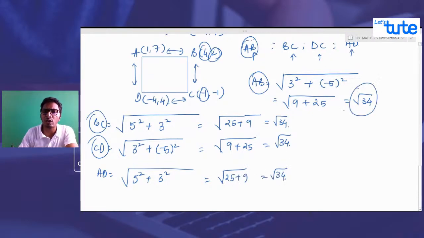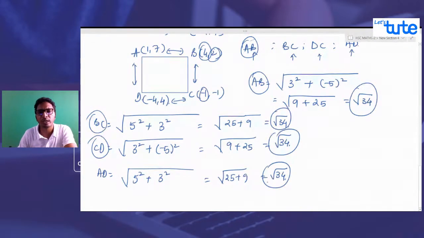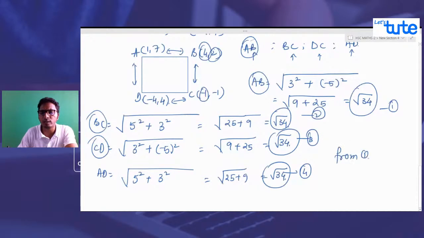So we can check that the lengths of all the 4 sides are equal. AB equals BC equals CD equals AD.